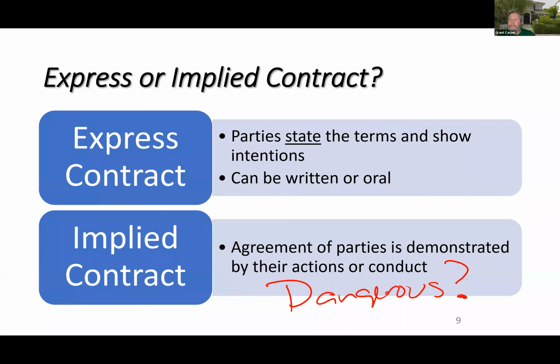So let's say that TT goes out and puts a listing sign in front of her best friend's house because she knows the best friend's about to put the house on the market. And she knows, this is my friend, she's going to hire me. So she just goes ahead and puts the sign out there before she has a listing agreement. Does she have an agency relationship with that person, folks?